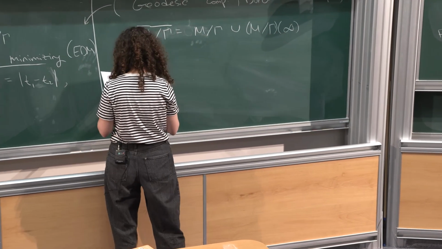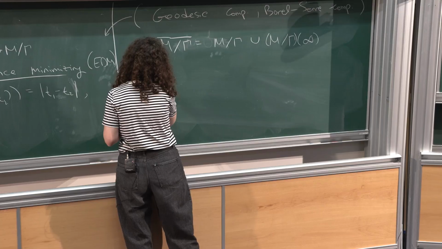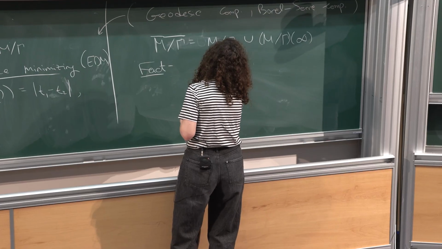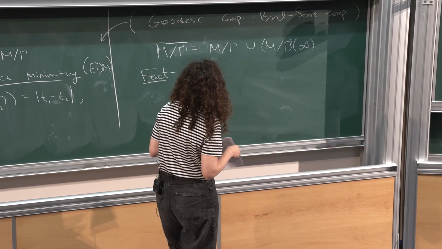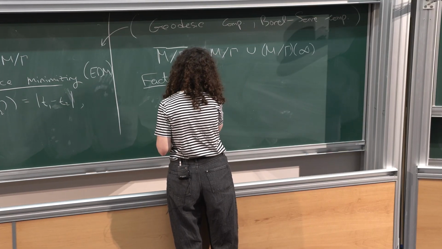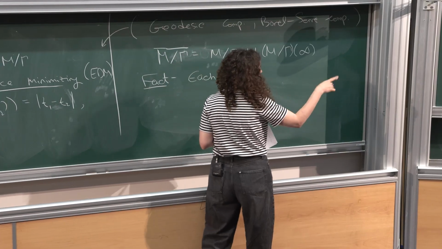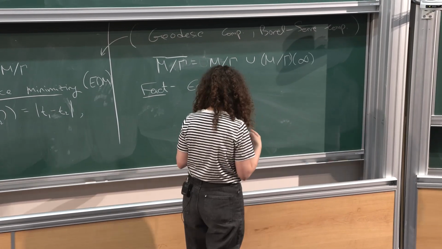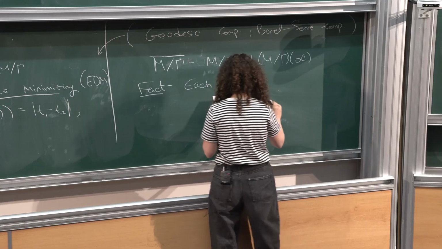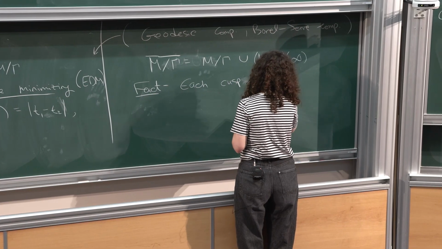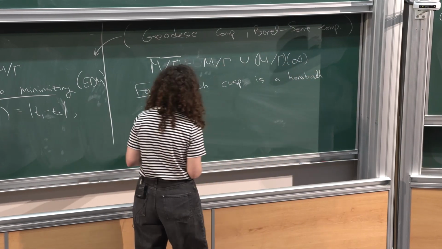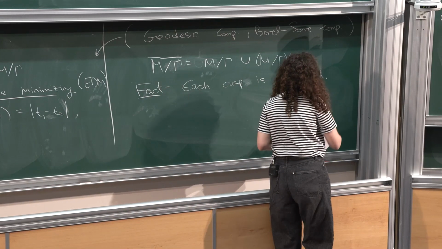So now another fact that I don't want to go into, but it comes from the same Borel-Serre compactification, and you can also see it in the fundamental domain presentation, is that each of these cusps is a horoball quotient.